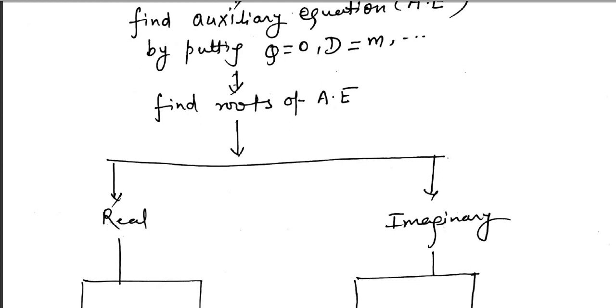We just replace D by m and Q by 0. Then the auxiliary equation will be m square plus 2m plus 1 equal to 0. So we find the auxiliary equation by putting Q equal to 0, D equal to m. Now we find the roots of the auxiliary equation.